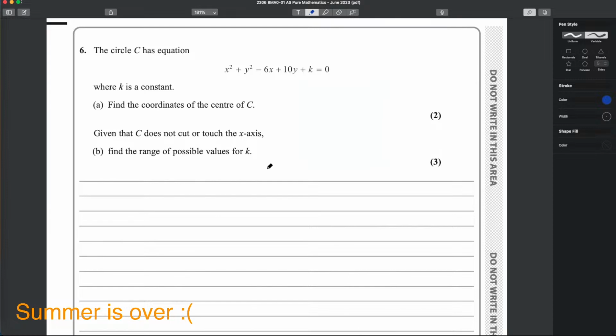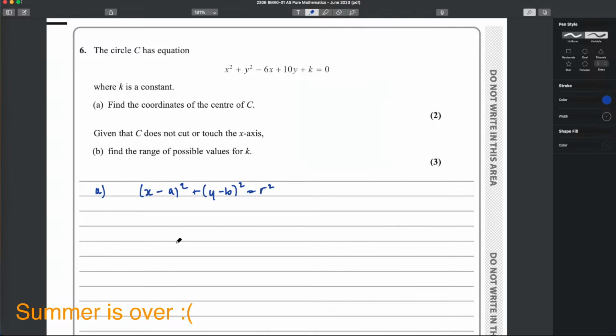So the general form of a circle is x take a, squared, plus y take b, squared, equals r squared. I usually write a and b, but sometimes you see h and k. Doesn't really matter.